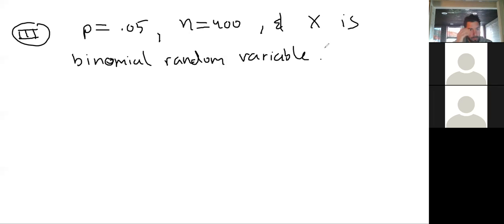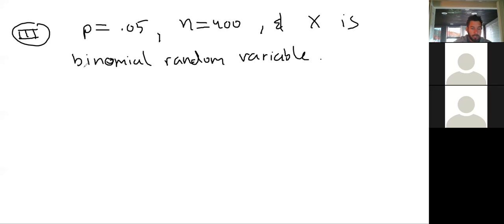So let's remember what we want to do. We can interpret n as the number of trials. Say I'm going to flip a coin 400 times. Or I am going to take a test with 400 multiple choice questions. I'm either going to pay the loan back or I'm not going to pay the loan back 400 times. And p is the probability of success.